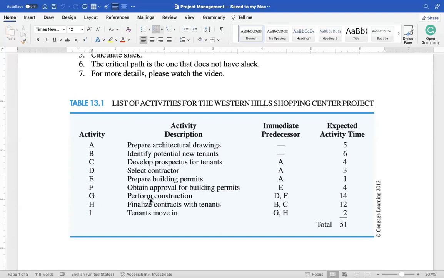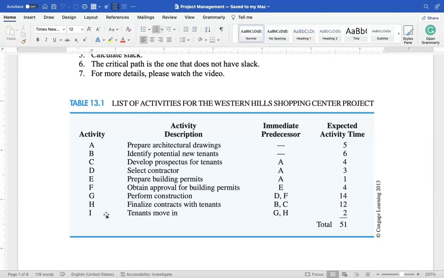And activity G, perform construction, its immediate predecessors are D and F, and it takes 14 weeks. Which means this activity, construction, cannot be started unless activities D and F are finished. So D and F lead to G. Similarly, we have activity H, finalize contracts with tenants, that takes 12 weeks.